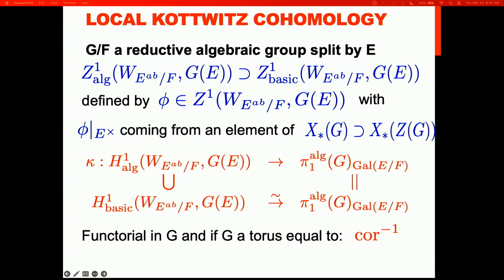So in the case of a torus, we had a map from here to here, in fact, an isomorphism from here to here.